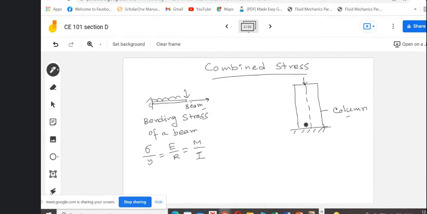Now here, this particular load, say P, is acting along the center line of the column, or the axis of the column. Okay.